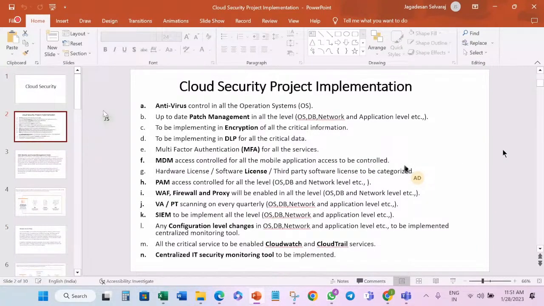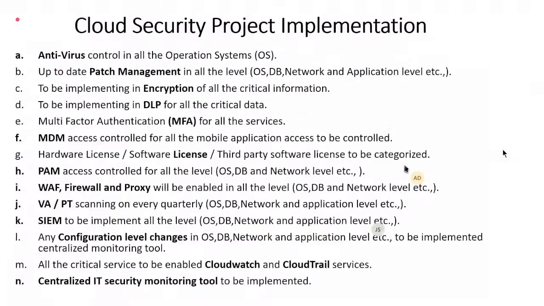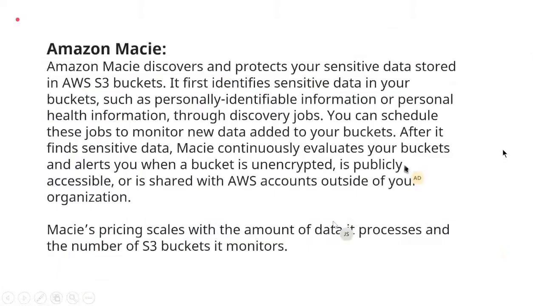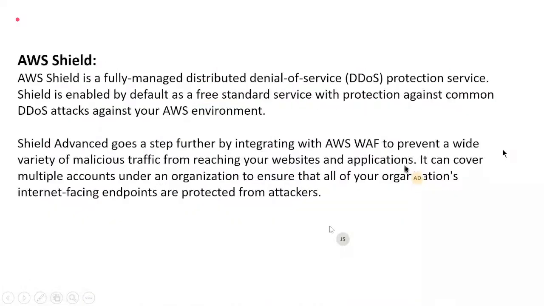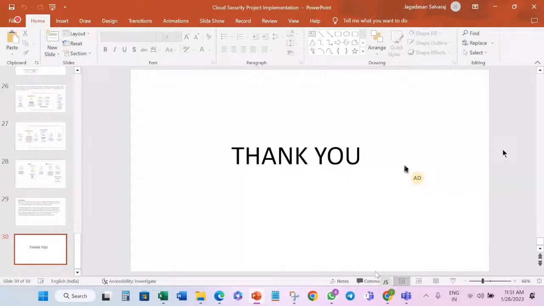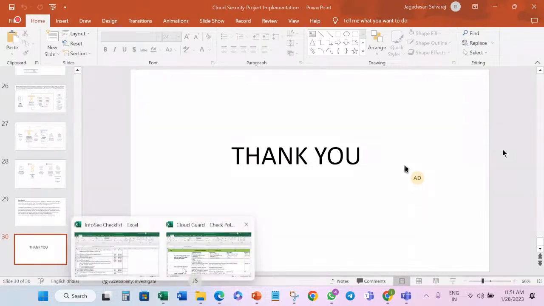So cloud security is overall covered. Any final questions? To add some points on the last question: he wanted to know if there are any alternative tools apart from AWS to monitor the security.